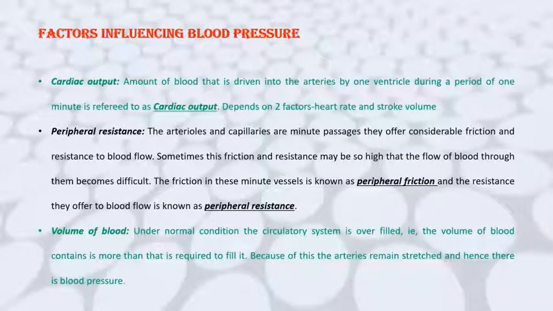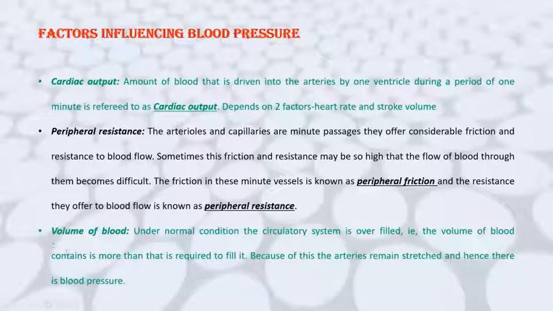So these blood vessels are very minute passages for the blood. Due to these minute passages, some friction and resistance will develop when the blood flows through these blood vessels, and the flow will sometimes become difficult. The friction in these minute vessels is known as peripheral friction, and the resistance they offer to the blood flow is known as peripheral resistance.